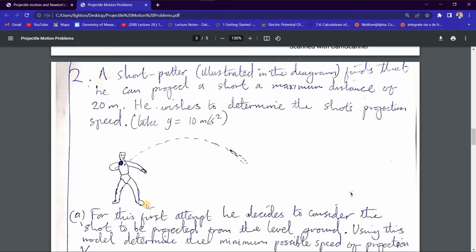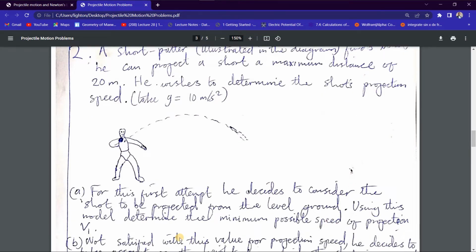Now, for this first attempt, he decides to consider the shot to be projected from the level ground. Using this model, we have to determine the minimum possible speed of projection, assuming that the shot is projected from the level ground, not from some height as the man is standing.